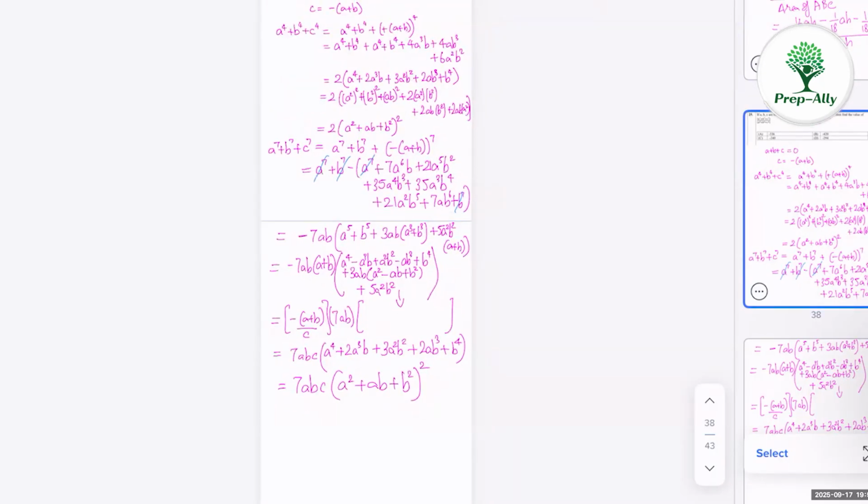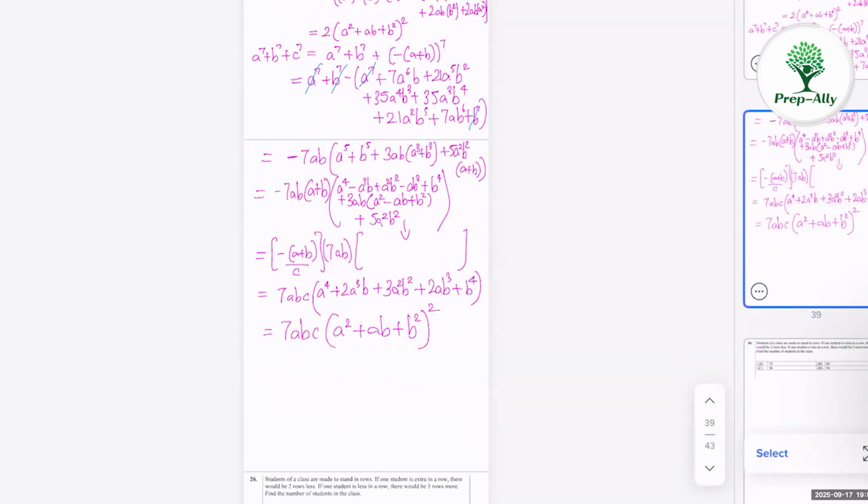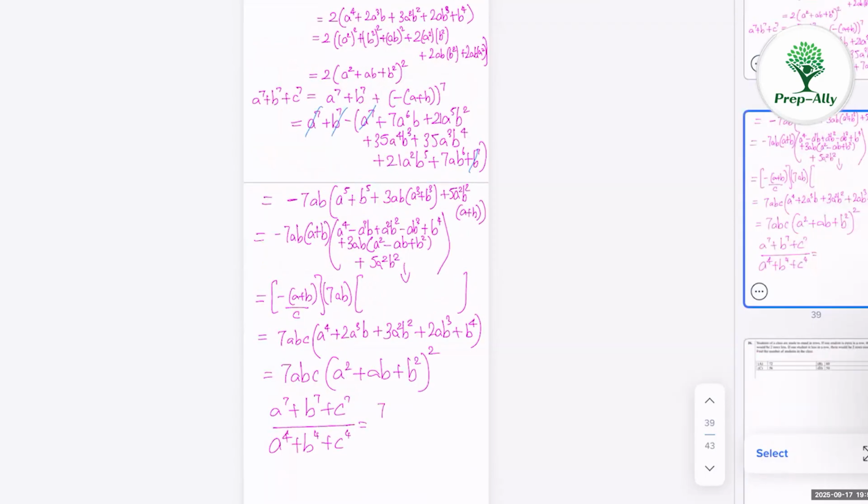Now what have they asked us? They have asked us a power 7 plus b power 7 plus c power 7 by a power 4 plus b power 4 plus c power 4, which is equal to 7abc into a square plus ab plus b square, the whole square, divided by 2 times a square plus ab plus b square, the whole square.